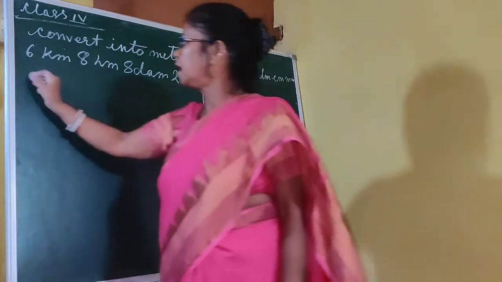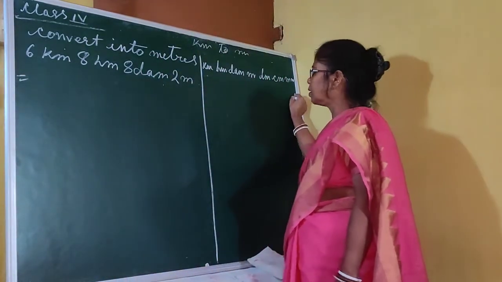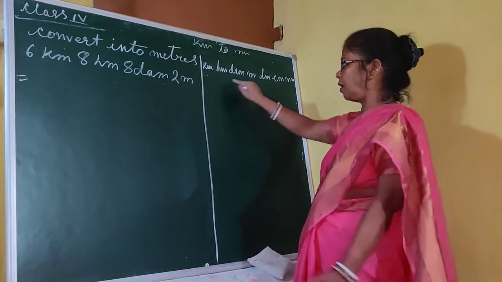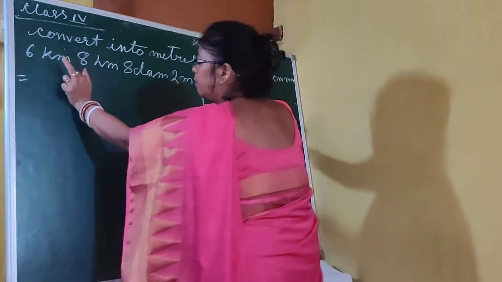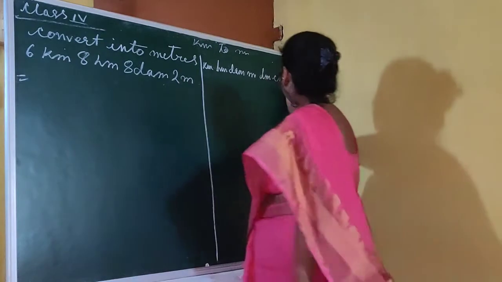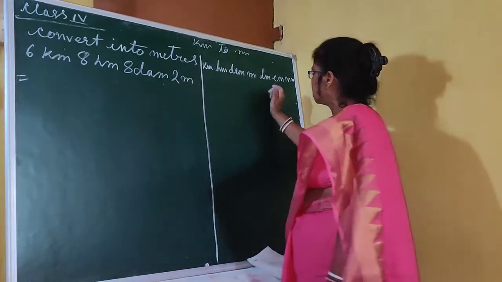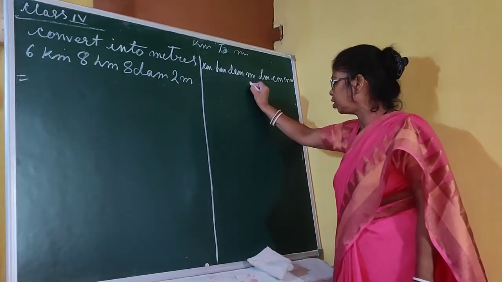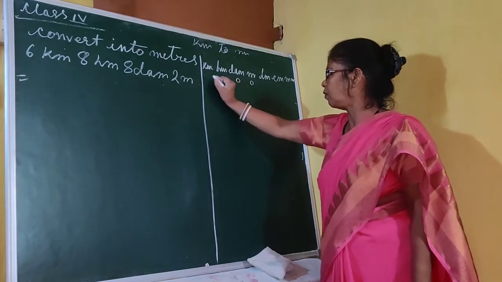So here, on this table, this is the basic table. To convert into meter, I have to learn the table by heart. On this line you can find out how many meters in 1 kilometer. From meter you start to put 0, 0, 0, 1.